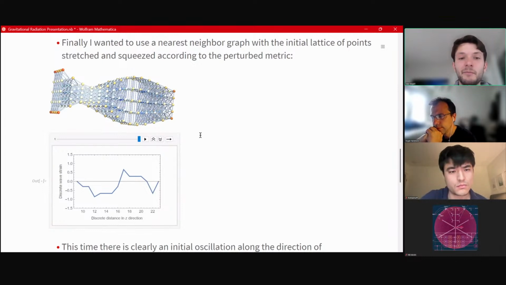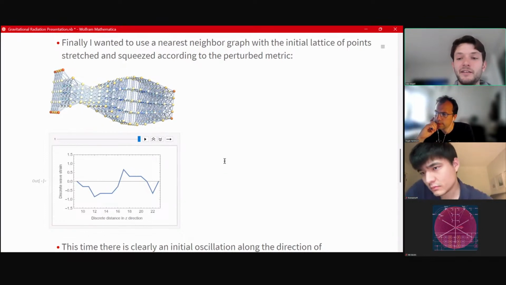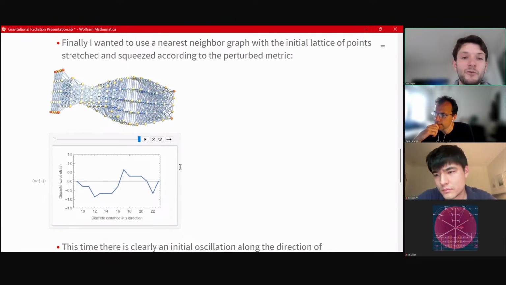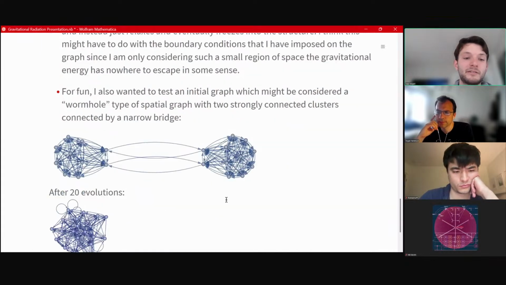So I think I might need to try a little bit more of an analytical approach before trying to do computations like this, just because it is so expensive computationally, and when you get a result that's not very fruitful, then you kind of just realize that, oh, maybe I need to think about the logic of this a little bit more, and do a little bit more work by hand.